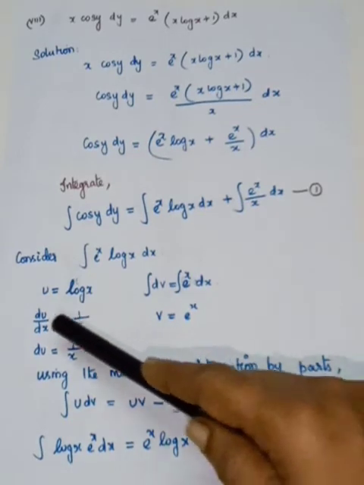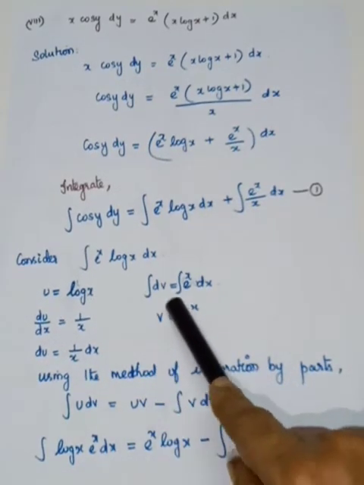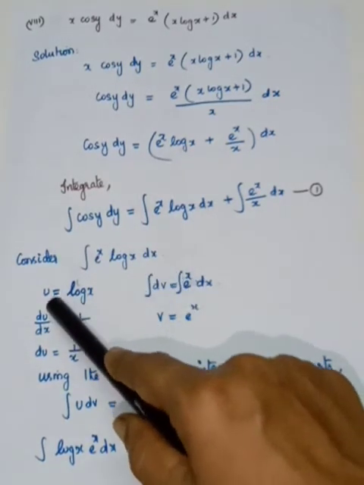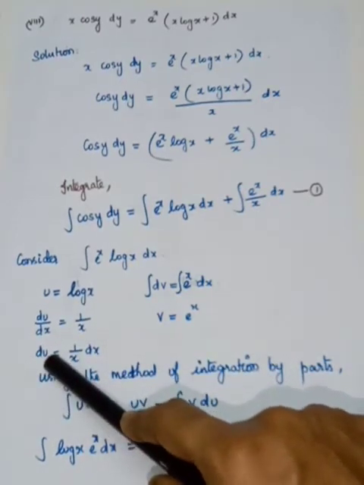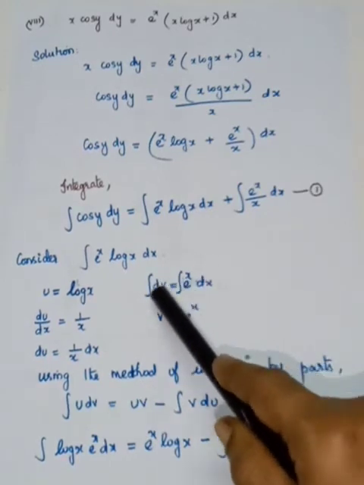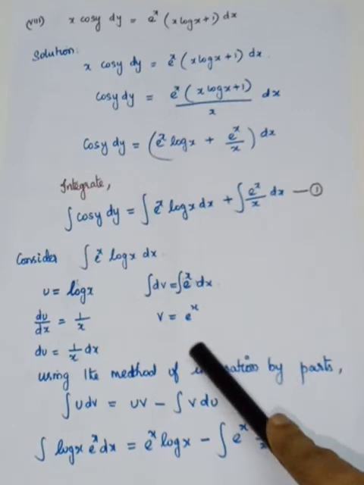Okay, so u has to be kept as log x and the remaining as dv, that is e power x into dx. So if you differentiate u with respect to x, it is 1 by x. So du alone is needed, so 1 by x into dx. If you integrate dv, it is v. The integration of e power x is e power x.